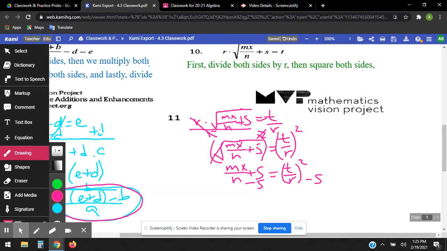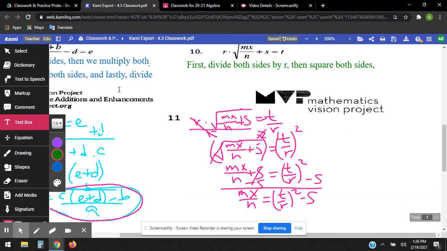Notice I'm going to put it off to the side because we've got to do all these things first before we can subtract, so it's got to be separate. So now I'm left with mx over n equals t over r squared minus s.